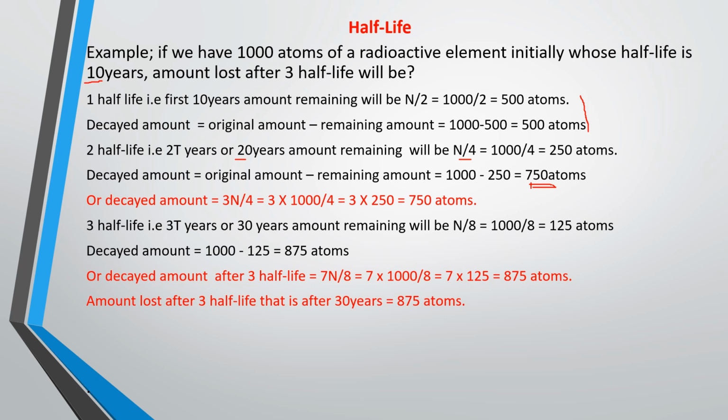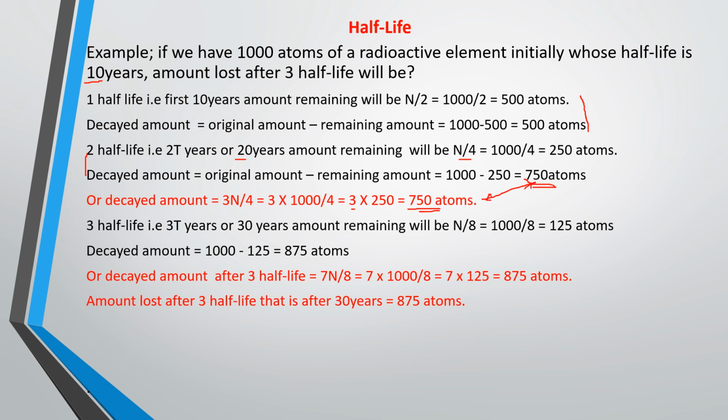Is that okay? Now if you remember, we said that for the second half-life, the amount that has decayed is 3n all over 4. So instead of going through this lengthy process, you can just say the amount that has decayed at second half-life is equal to 3n over 4, which is 3 times 1000 over 4. If you multiply that, you are going to have 750, and you see that these two are the same.